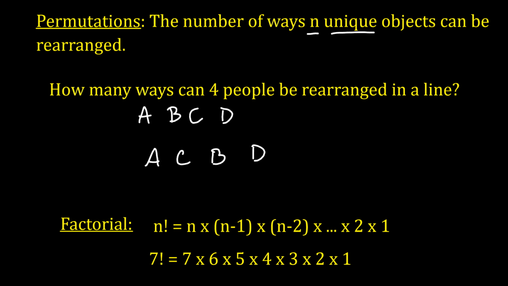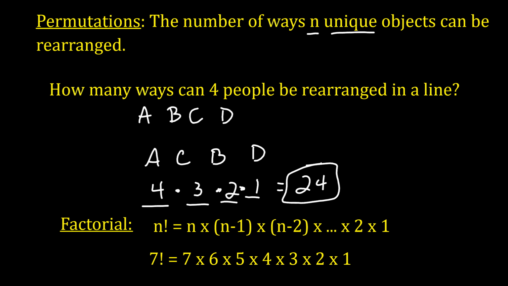That would be one possibility. So there's 4 choices for the first, 3 choices for the second person, 2 choices for the third person, and then only 1 choice for whoever's left over. And 4 times 3 times 2 times 1 is 24. So there'd be 24 different ways that 4 people could be rearranged in a line.